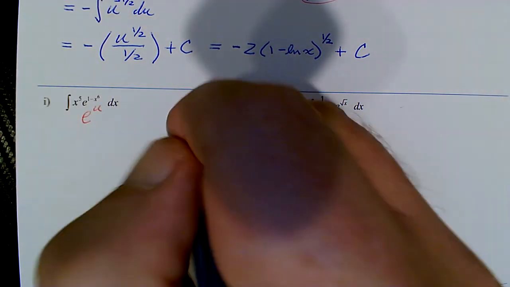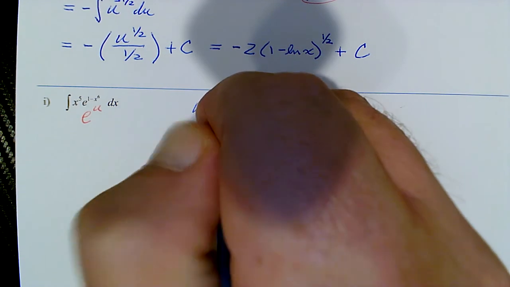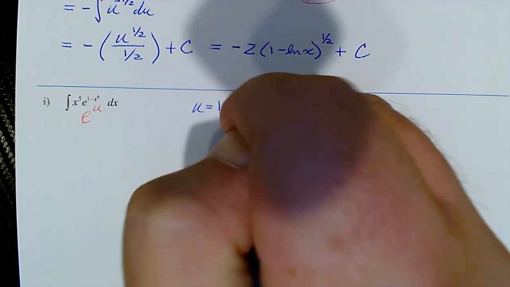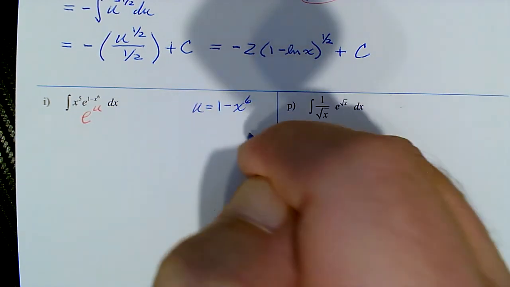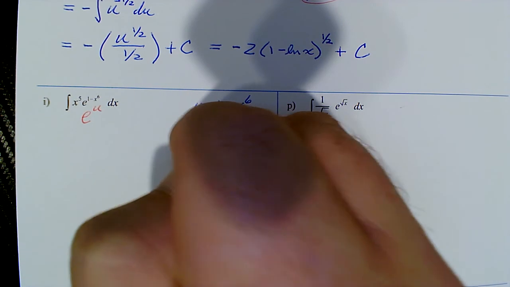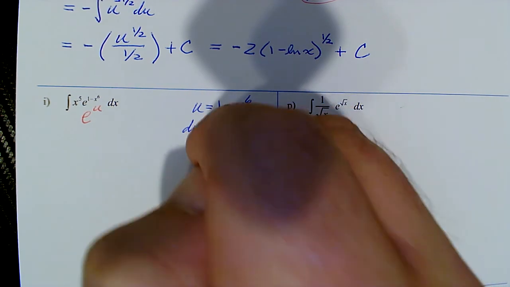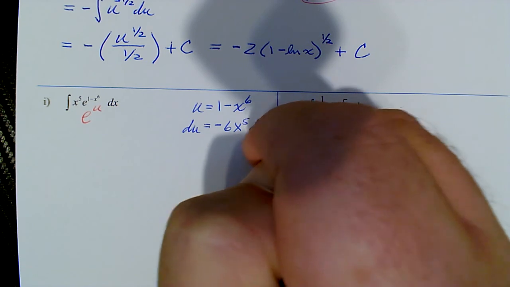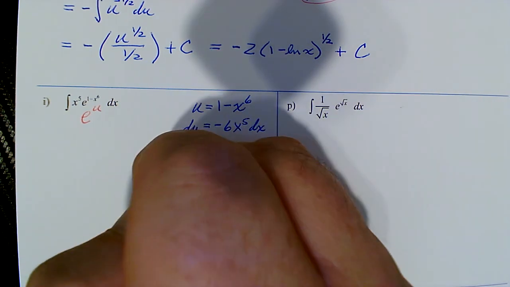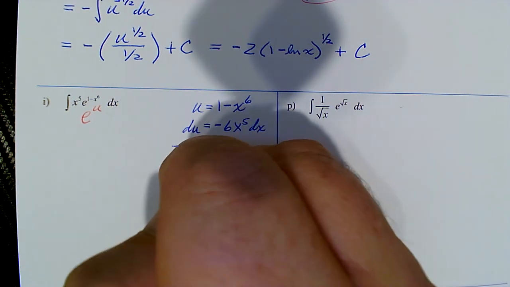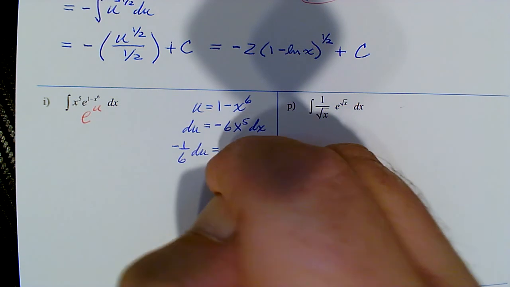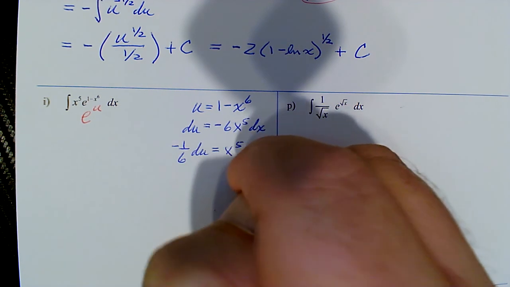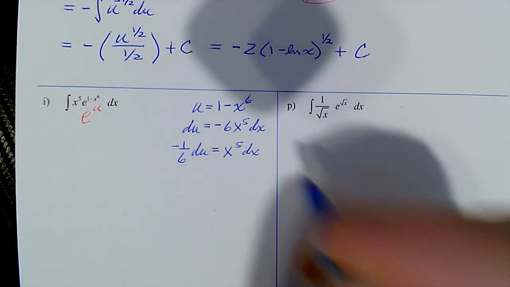And we choose our u then to be the power on the base of e, 1 minus x to the 6th. The differential du then, this should be routine, minus 6x to the 5th times the differential dx as well. Modify, we get minus 1/6 du equals x to the 5th times the differential dx.